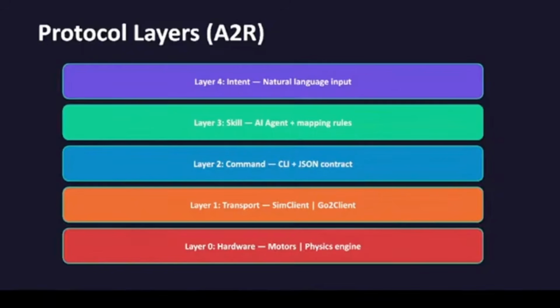This skill converts it to a Python-based command, with a JSON contract as output. This command will be used by the transport layer and translated to the physical layer, I mean to the robot motors at the end of the path. That's the way. Let me dive deep into the different pieces of this protocol.